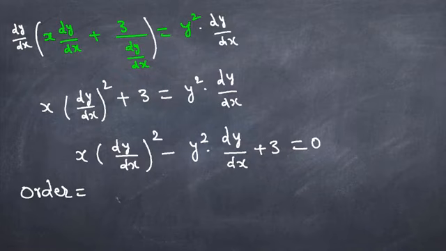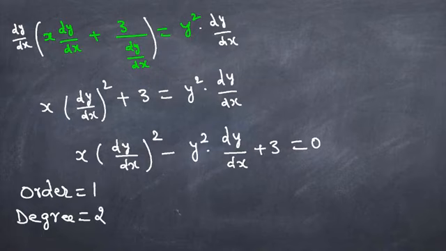Look at the highest derivative, it's first derivative. See, dy over dx. So order is 1. How about the degree? The power of the highest derivative. So dy over dx, the first derivative, is the highest derivative and its power is 2 here. So degree is 2.